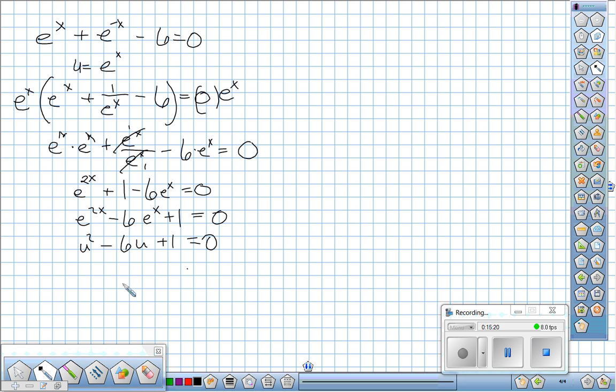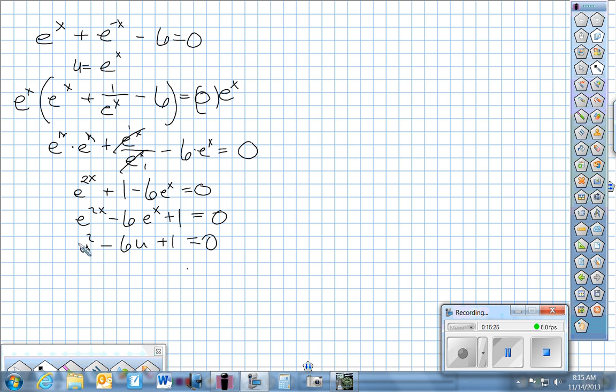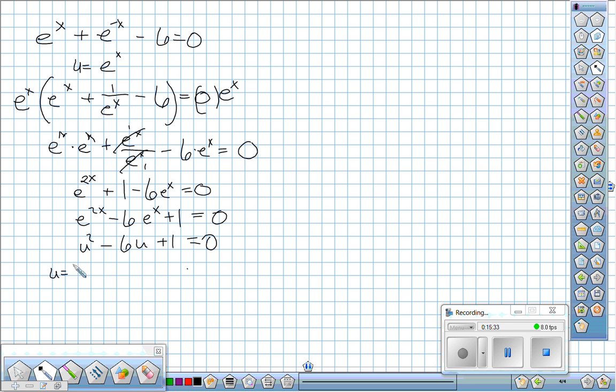So I'm going to use my quadratic formula. Okay, my a is equal to 1, my b is equal to negative 6, and my c is equal to 1. So when I actually do this, I'm solving for u. So I have u equals negative b, which will actually be positive 6, plus or minus the square root of b squared, which will be 36, minus 4 times a times c, all over 2 times a.